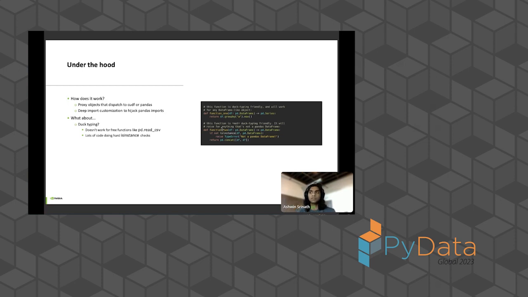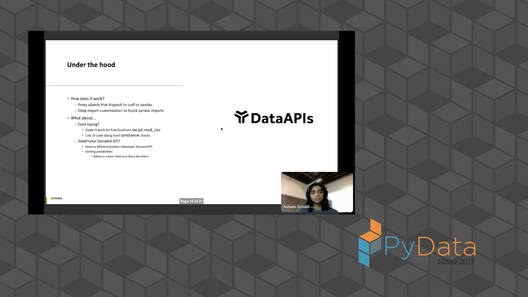But what if this function is calling free functions like pd.concat or pd.read_csv? At that point, things start to break. The other thing is that there's a lot of code out there that is doing hard isinstance checks, which means that you can try to pass in a pandas-like object, but it will still fail because a lot of code out there is saying, I'm expecting a pandas DataFrame, by doing an isinstance check. So duck typing is great, but it doesn't always work.